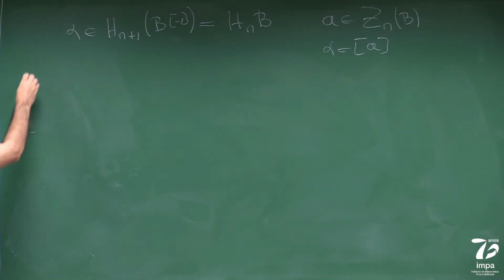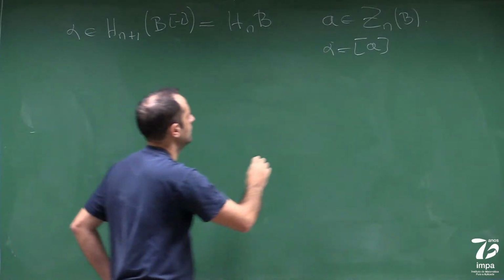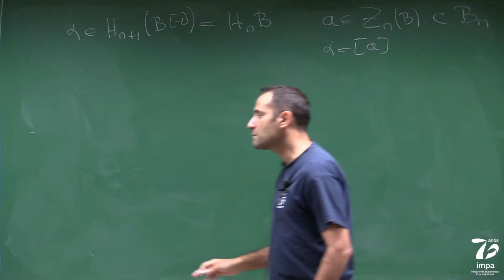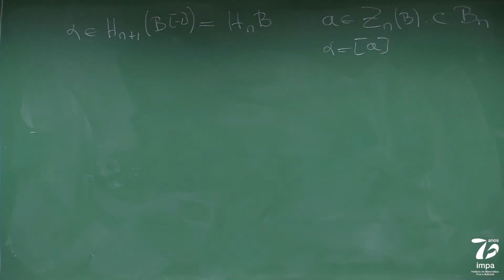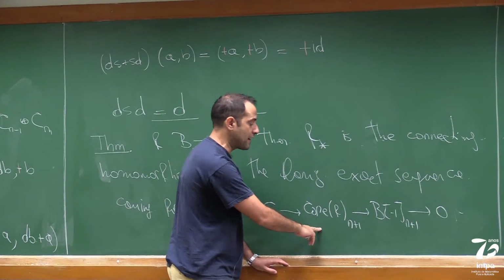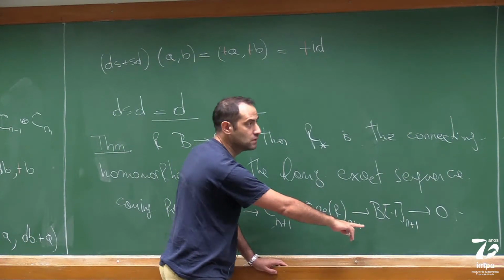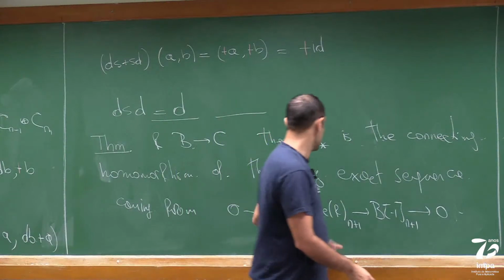So that means that A is in particular in Bn. And since this map is surjective, I need to find something in the cone of F that maps to A. So what was this map?